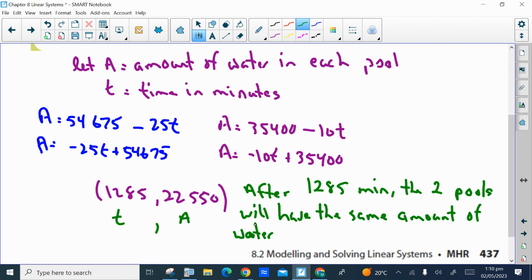They'll have the same amount of water, which again is 22,550 liters of water.